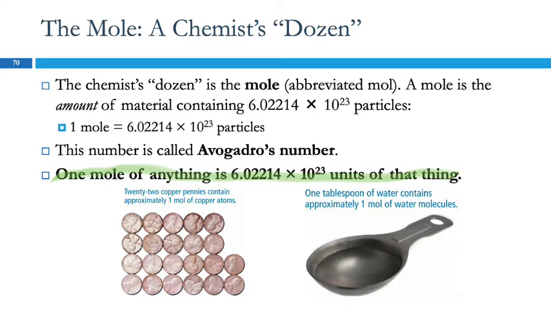You can hold those in your hand. A tablespoon of water is approximately 1 mole of water molecules. So when we're dealing with 1 mole of something, it's not going to take up the whole room or require a dump truck to bring in, but it's also not going to be so small we can't see it or manage it. So it's a useful size.